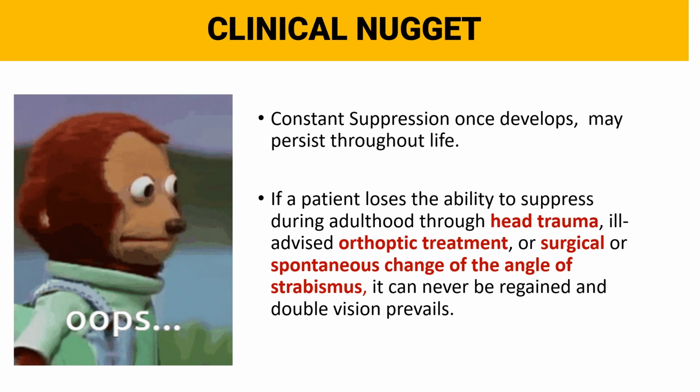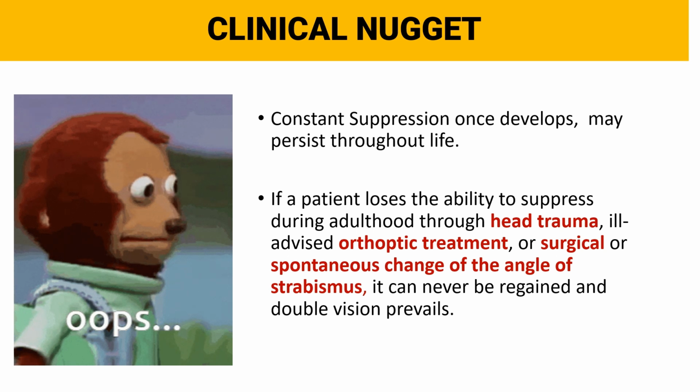Now, if such a patient loses that ability to suppress during adulthood, that is, after the age of say 8 to 10 years, either because of a head trauma, or because of some ill-advised or thwarted treatment, or even after surgery, then that double vision is going to return.